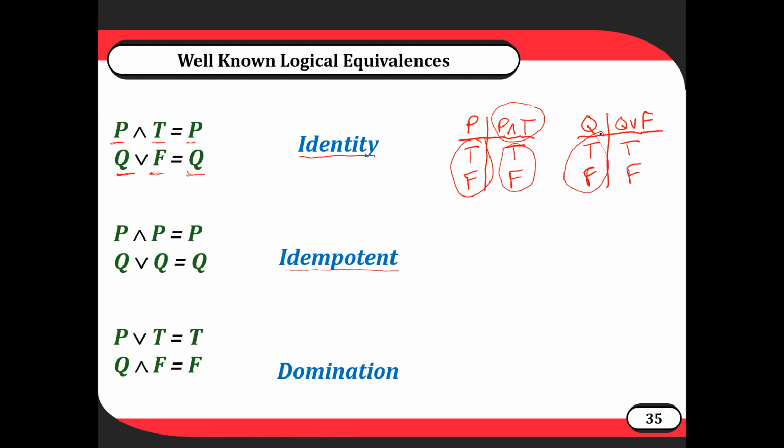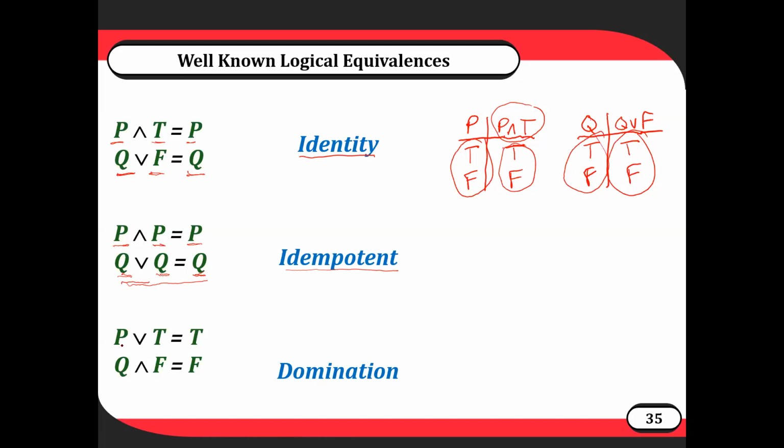So these are logically equivalent expressions as well. That's identity. Idempotent means that if I AND something with itself, P and P is equal to P, and Q or Q is equal to Q. So if I AND or OR something with itself, it just takes on its own value.